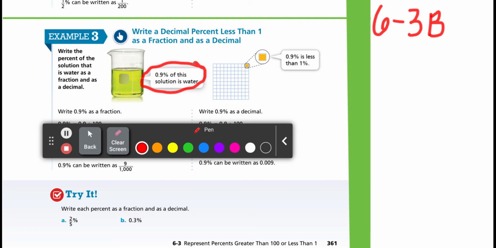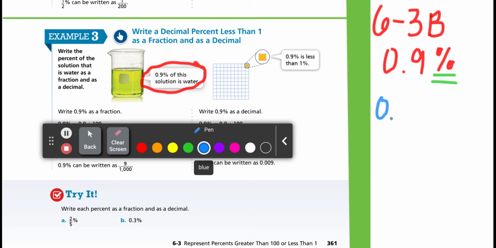But we're going to follow the same procedure. If we're going to be writing 0.9% as a fraction, what does percent mean? Percent means for every 100. So we would have 0.9 over 100.